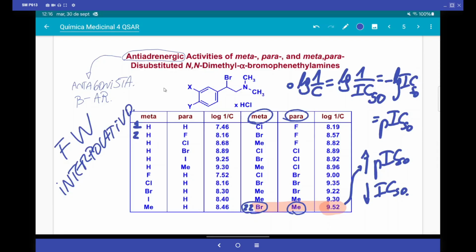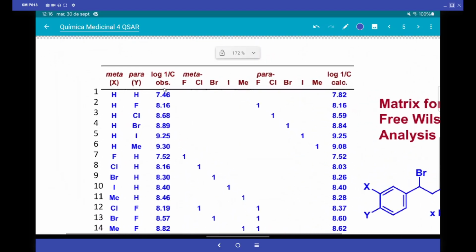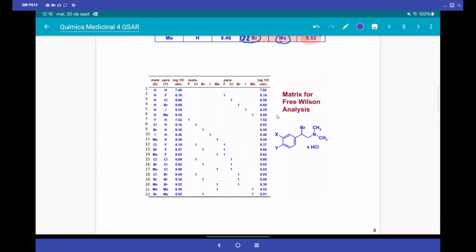And what you have to do next is make a Free-Wilson matrix, which is a table that we are going to do in Excel, in a statistics software, where you are going to put compound 1 up to n, up to 22.